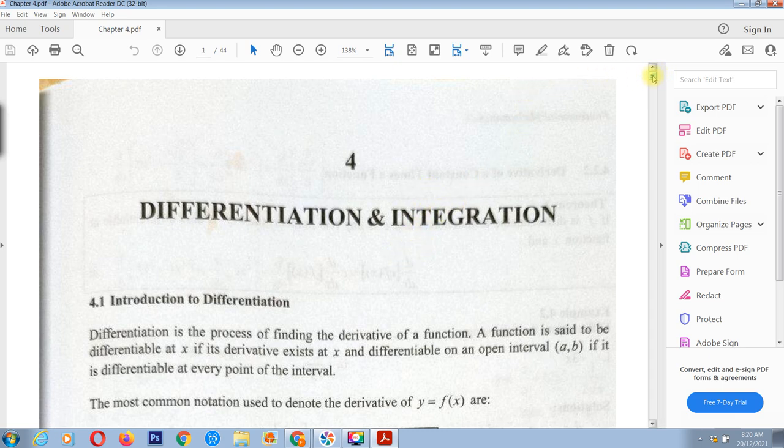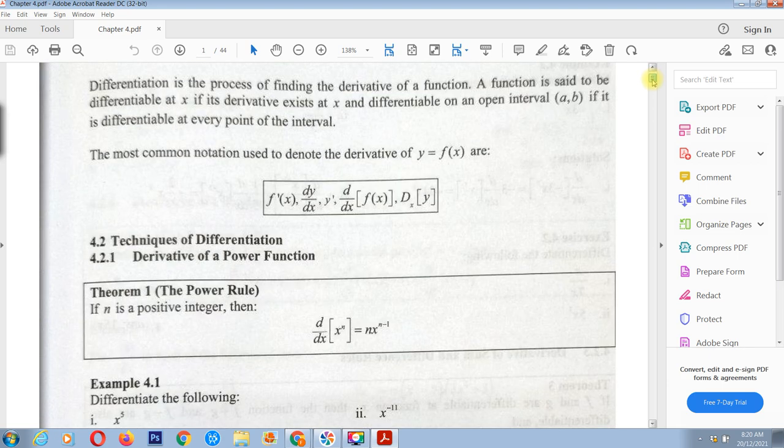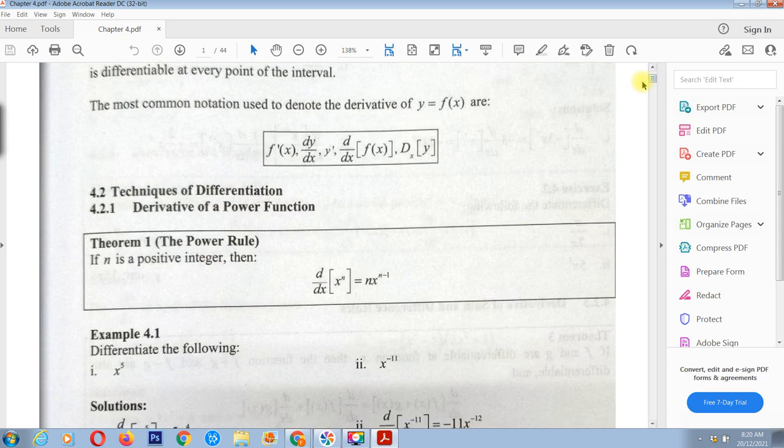But in your life, differentiation and integration are used to make something a function, because differentiation and integration involve functions. So what is a function? A function means something that we can add, we can minus. If we go to the left, we can go to the right.